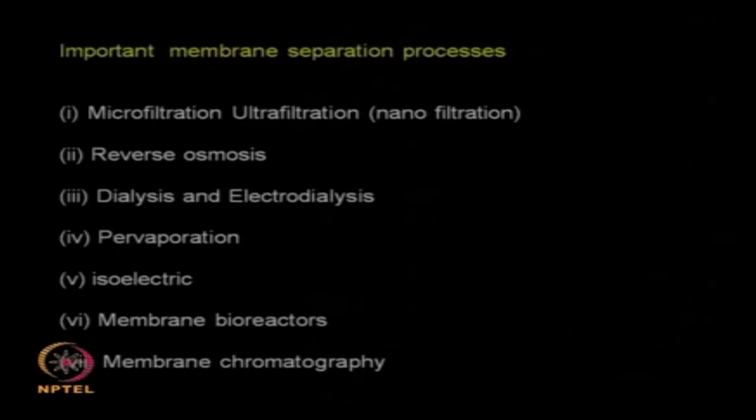So we have microfiltration, which is almost exactly like your filtration. Then we go to ultrafiltration and nanofiltration. Then we looked at reverse osmosis, which is trying to overcome the osmotic pressure. So you are applying a large pressure so that the solvent flows out pure.